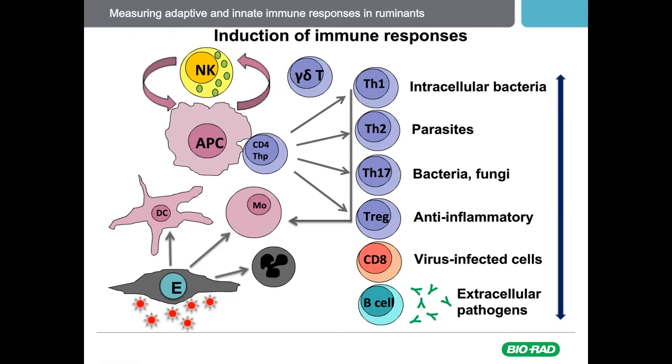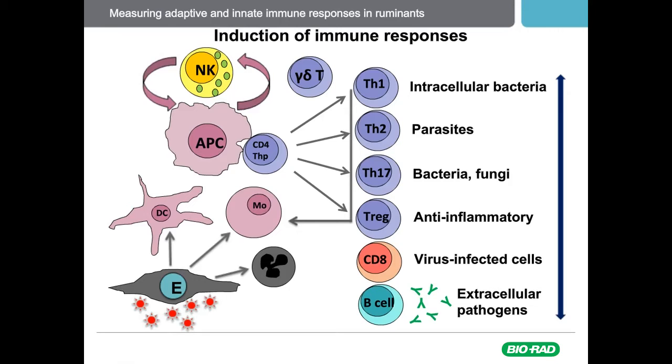And the main point here is that these subsets don't act in isolation, they interact together, particularly as I mentioned with the regulatory T cells that are important for stopping immune responses and controlling them, but also the feedback back to the innate immune system, for example with the Th1 cells producing cytokines such as interferon gamma, which will then activate macrophages which may have ingested or been invaded by intracellular bacteria and program those cells to kill those bacteria.